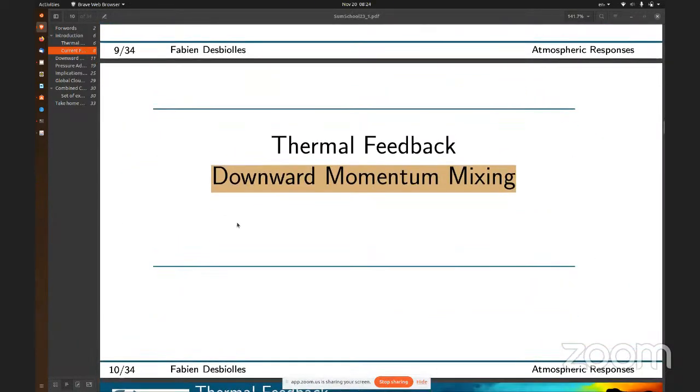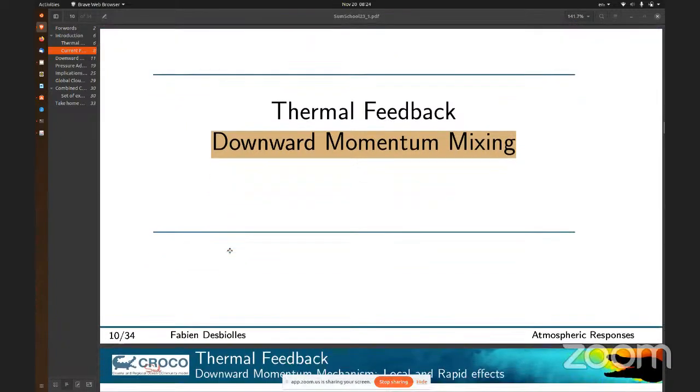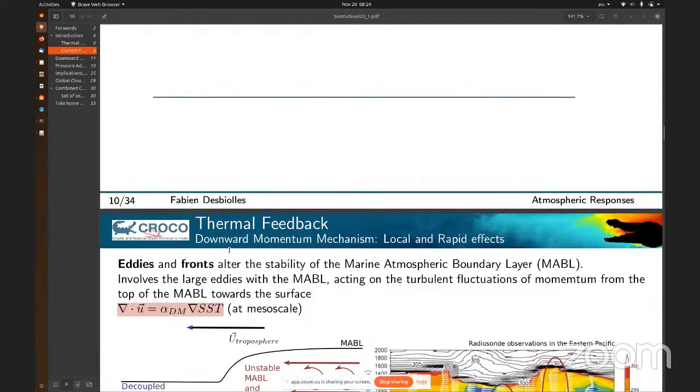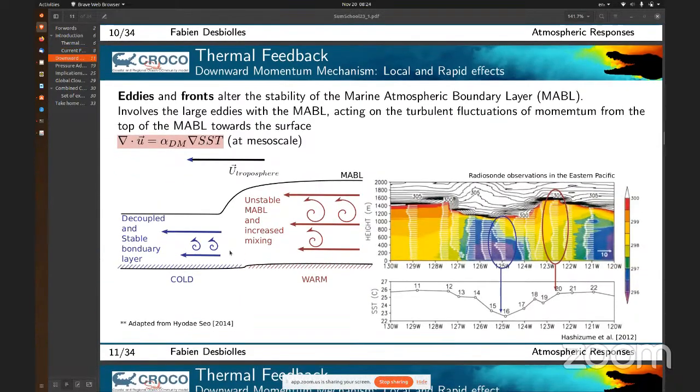Okay, let's dig into the thermal feedback processes. I'm going to first start with the thermal feedback and the downward momentum mixing. As I said earlier, the front is going to alter the stability of the air column.